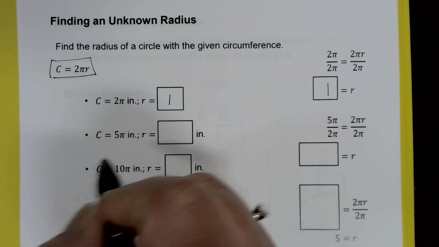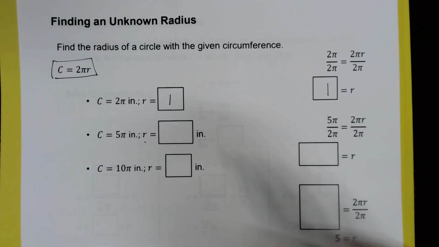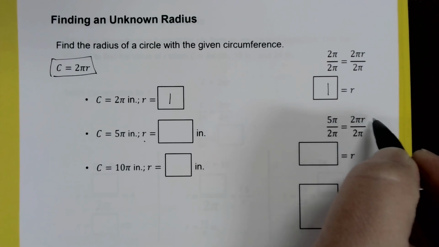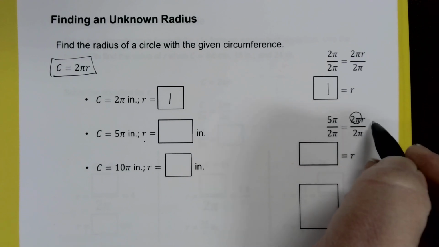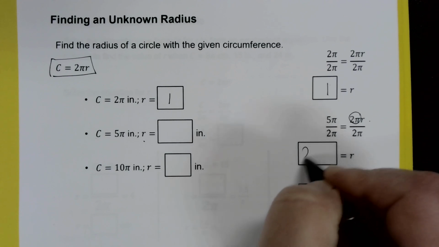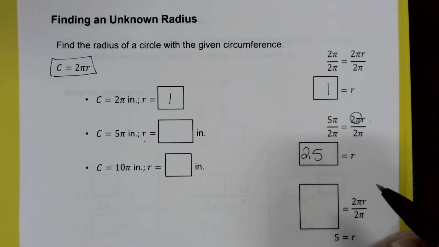Same thing here, next problem. If C equals 5 inches, find r. Well, if I divide both sides here by 2 pi, because that's the part that would allow me to isolate r, then 5 divided by 2 is 2.5. That's the radius.